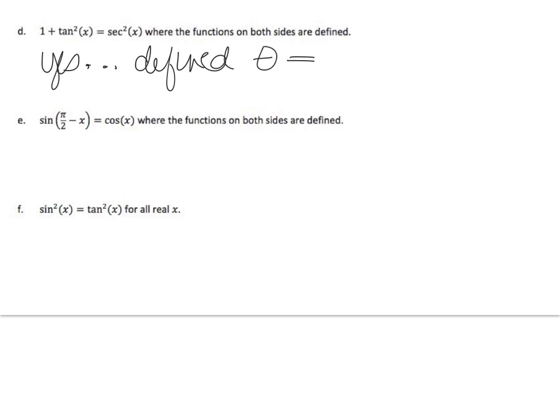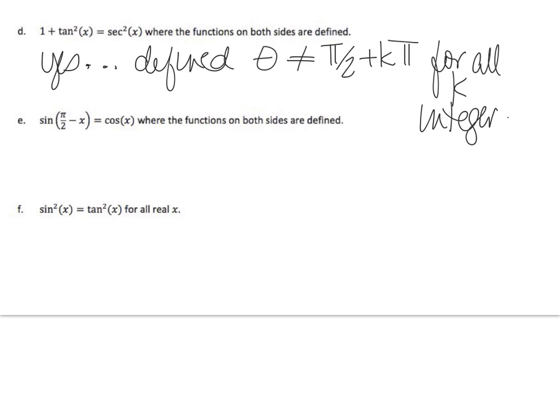So theta cannot equal pi over 2 plus k pi. That was part of our answer when we proved it.